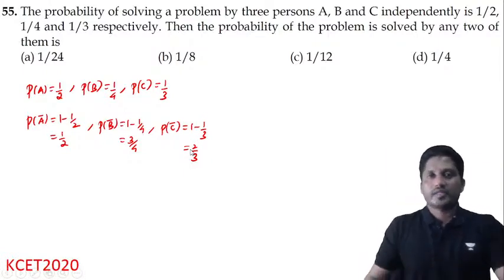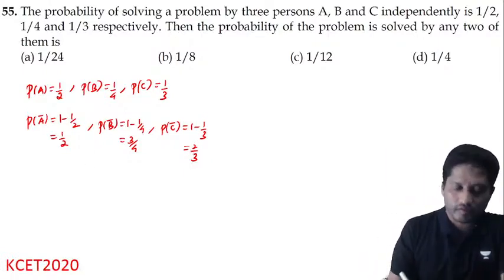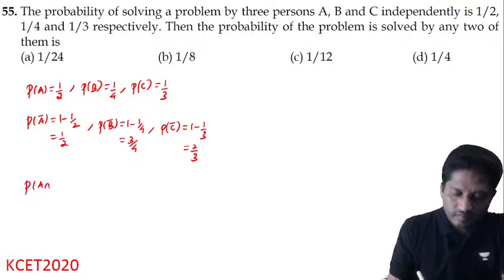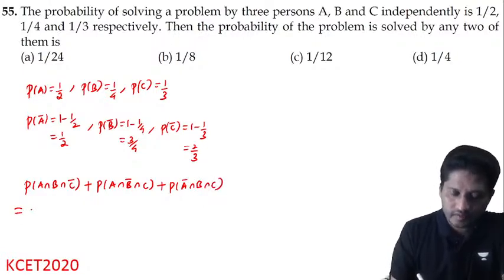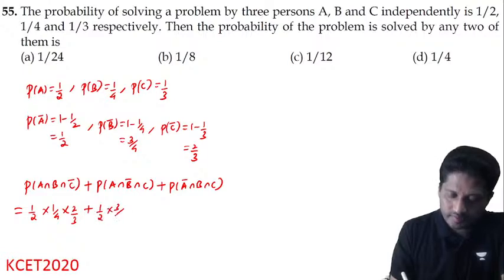Then the probability that the problem is solved by any two of them. That is, A will solve, B will solve, but C will not solve. Or A will solve, B will not solve, but C will solve. Or A will not solve, B and C will solve. Okay, probability of A solving is 1 by 2, B solving is 1 by 4, C not solving is 2 by 3. Again, P of A is 1 by 2, P of B bar is 3 by 4, P of C is 1 by 3.